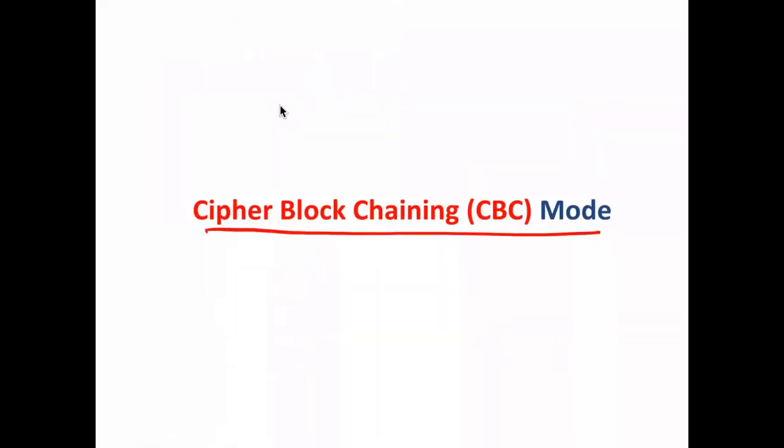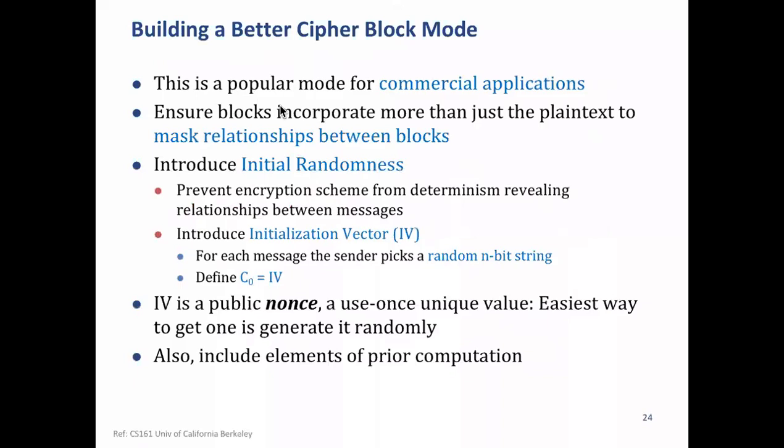Cipher Block Chaining mode. This is a popular mode for commercial applications, which means it's in use. In order to add randomness, it ensures that blocks incorporate more than just the plain text, to mask the relationship between the blocks.